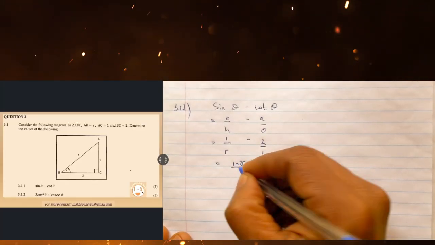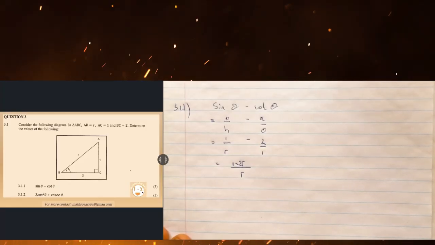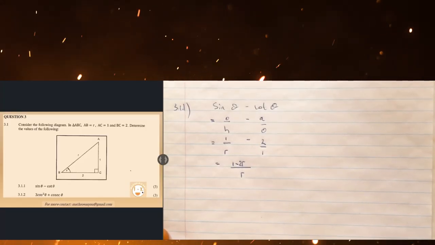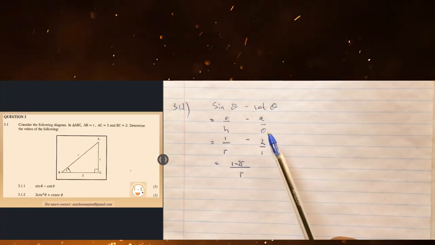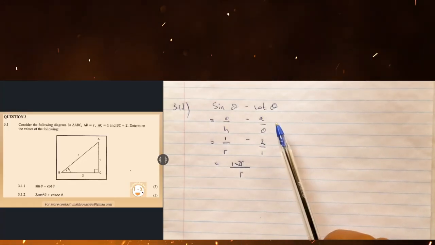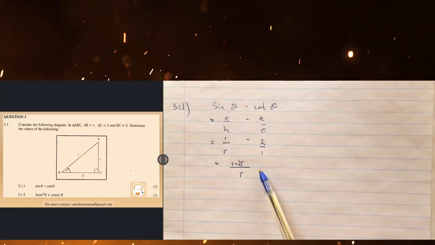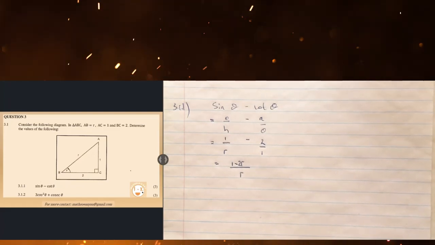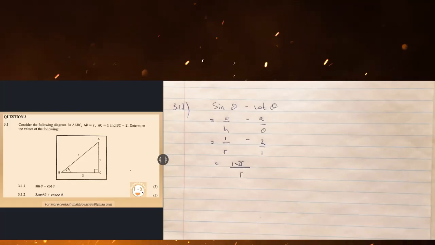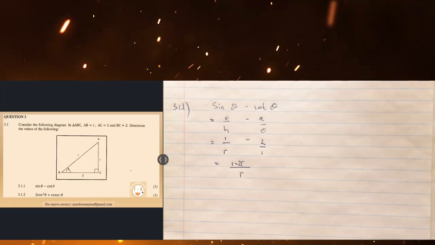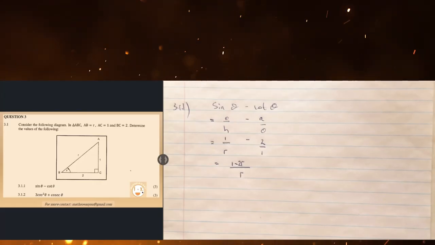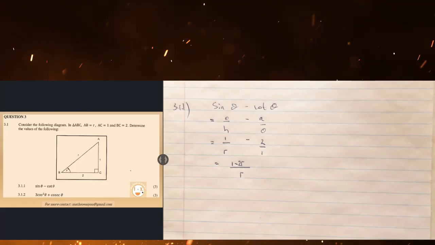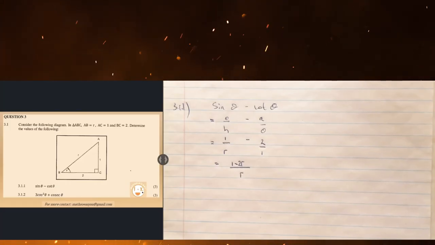So we have 1 minus 2r over r. Then we are done. So that will be your 3 marks: getting the correct ratios, then the substitution, and then your final solution. When we're done, we'll go back to all of them just to recap on whatever I will raise.